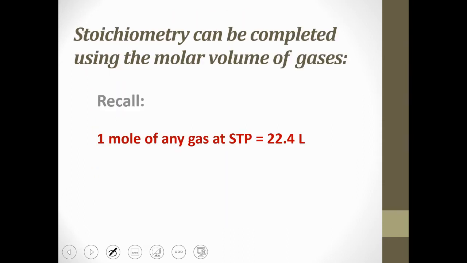So what is the molar volume of a gas? Well, this goes back to Avogadro's work, where, remember Avogadro's principle, that a mole of any substance contains 6.022 times 10 to the 23rd particles. So it was determined that that many particles of gas at STP, this means standard temperature and pressure.